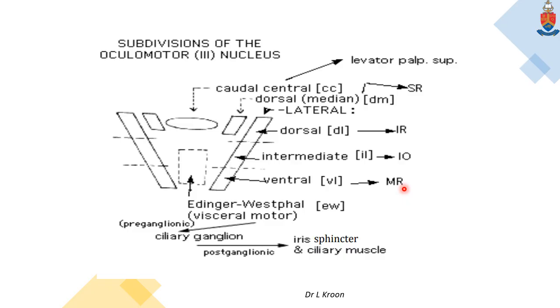This is important because it tells you that there's a difference between a nuclear and a peripheral or fascicular third nerve lesion. In a peripheral third nerve lesion, you'll get an ipsilateral down and out eye. The out due to the absence of the medial rectus adduction function, the down portion due to a loss of the superior rectus and inferior oblique muscle, the two muscles that elevate the eye, and you'll have an ipsilateral ptosis.